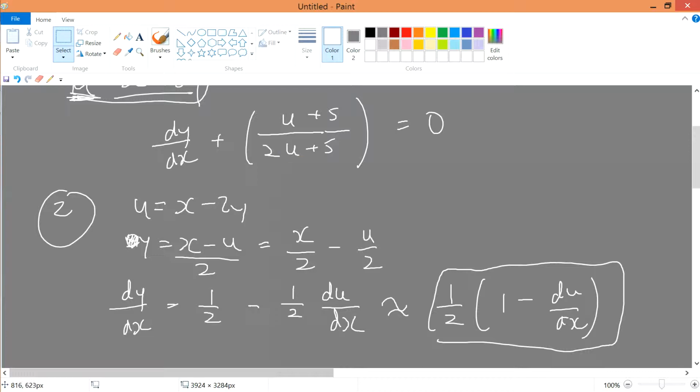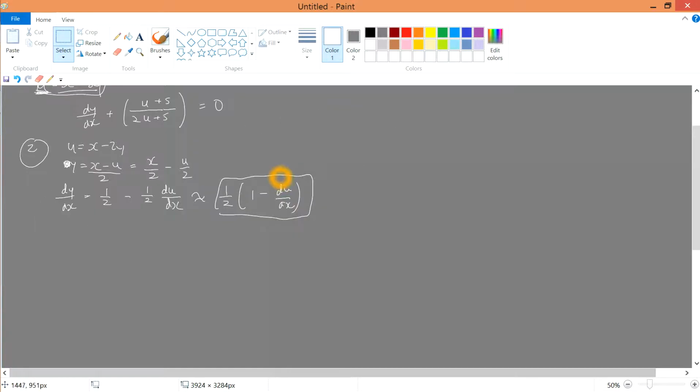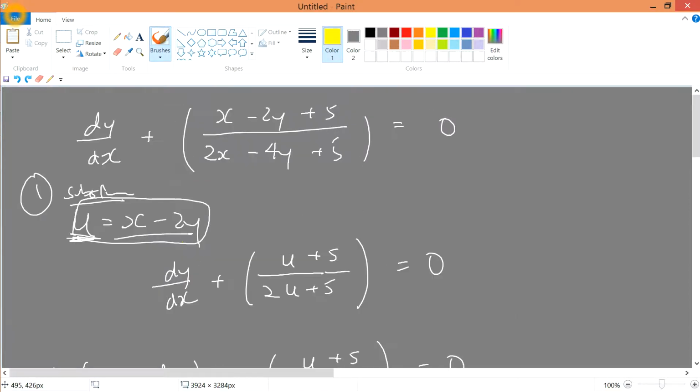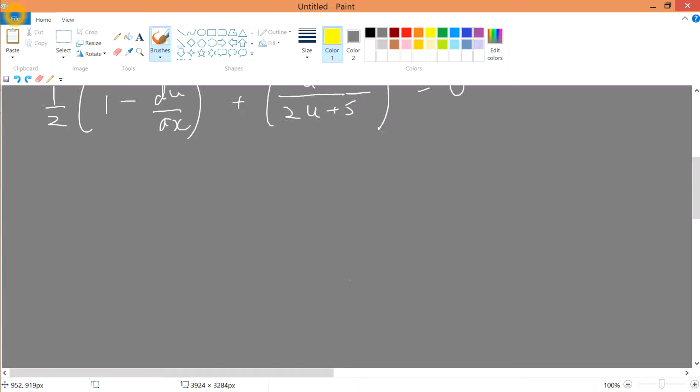Allow me to rewrite things in a neater way. So dy/dx equals this expression over here, which is what we have just derived. You find it familiar, right? We are just repeating what we did in the previous video on the substitution method. If you haven't watched it, I suggest you go and watch it.